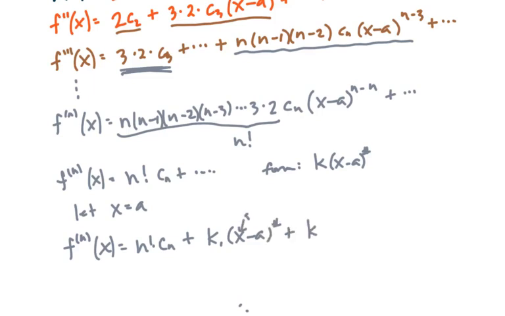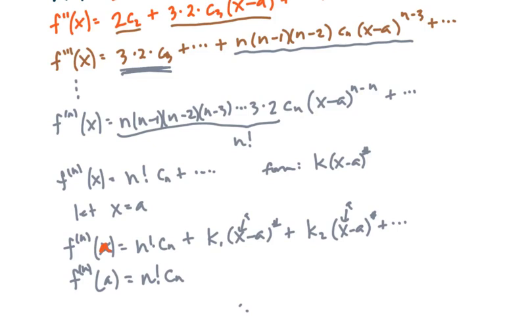And we have some other constant times x minus a to some other power up here. When we put a in here, it becomes 0. And that happens for all the other terms. So the nth derivative, this would be at a, not at x. At a. So the nth derivative of f at a equals n factorial times c sub n.